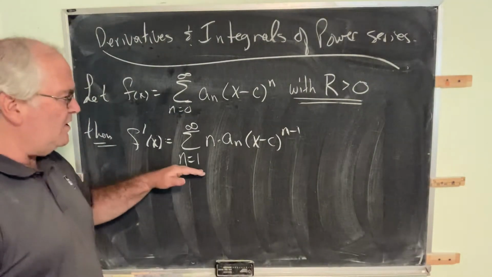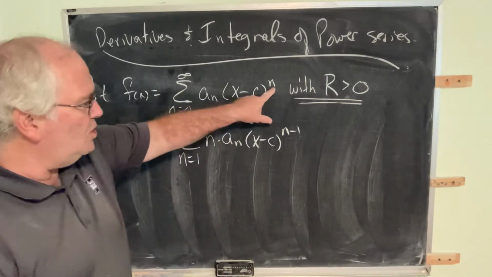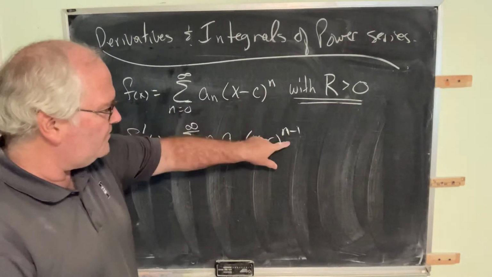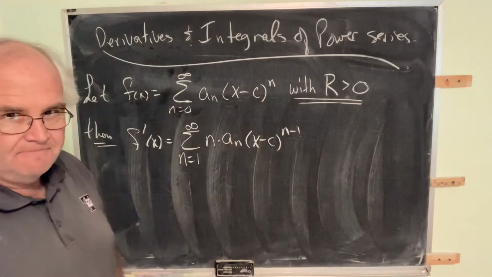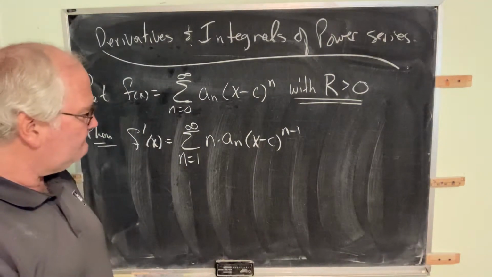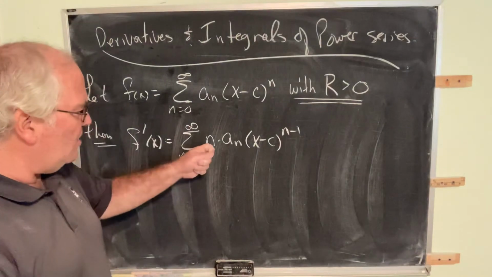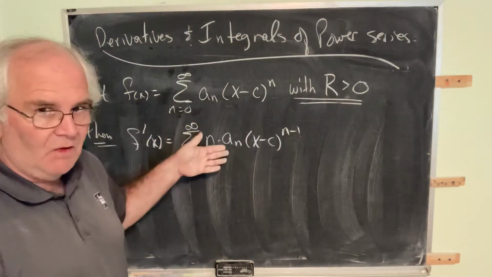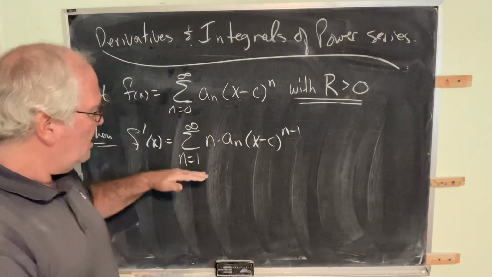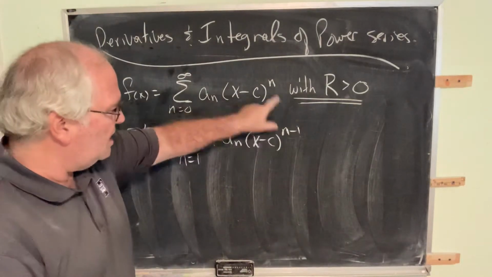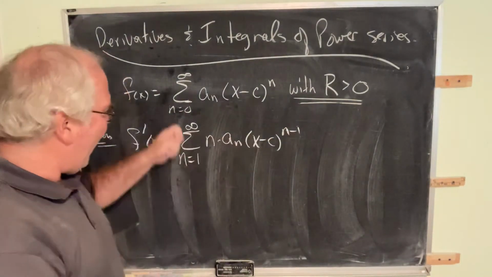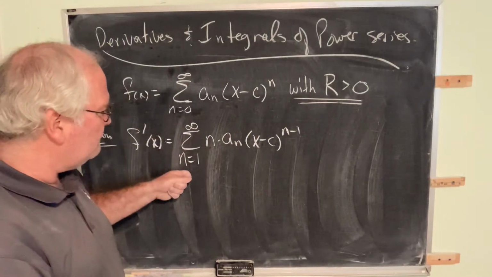You lose an exponent, you lose a degree, and you lose the n equals 0 term. If n is 0, this is 0 and the term falls out anyway. So when you do the derivative, you lose a degree and you lose a term in the expansion.